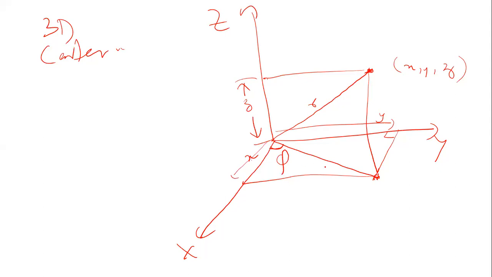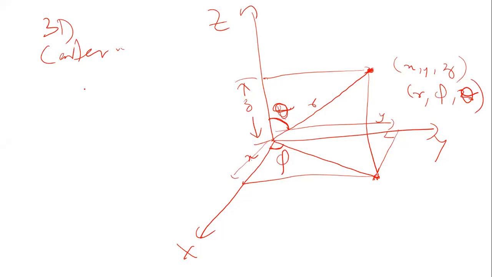So if this angle subtended with respect to x is known, and also the angle subtended with respect to z, which we call theta, is known, then the location of this point can be identified using your rho, phi, and theta coordinate system. So this angle has to be known, and this angle has to be known.